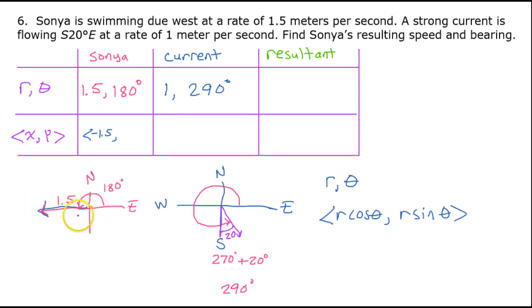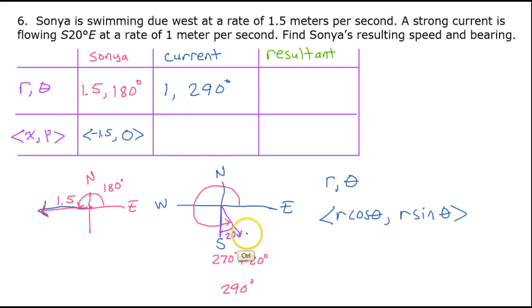That's the end of it. There's no other component. There's only a horizontal component, and it's negative because it's going west. There is no vertical component, so we're going to put 0 for the vertical component. Alright, so notice we don't need to do r cosine theta or r sine theta if it's a quadrantal angle like this.